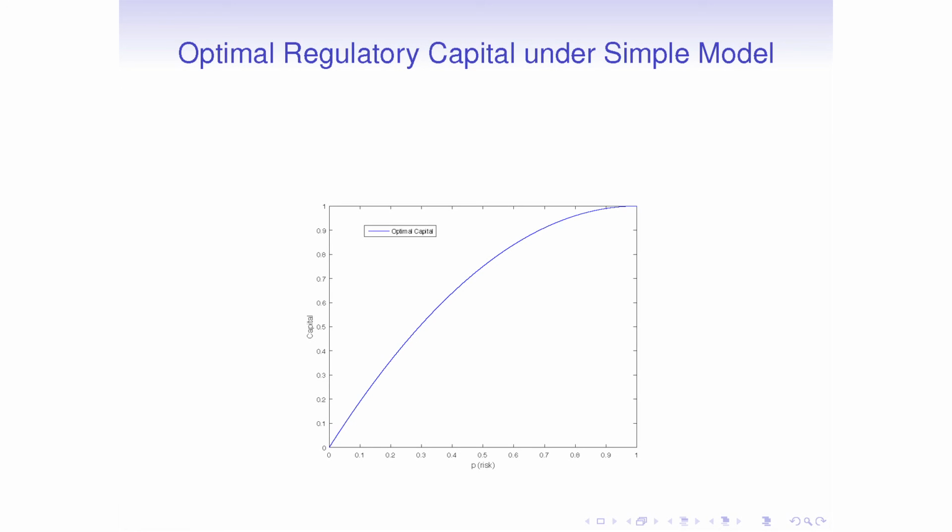It's much more concave than I'm showing here, with a lot of curvature. So there are big gains in capital from going from this risk to this risk. The marginal impact's much bigger than from there to there. But this is the basic idea, okay? And actually, you can write down some models that'll give you this.